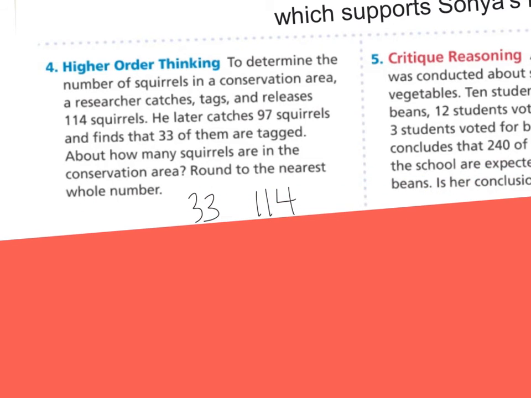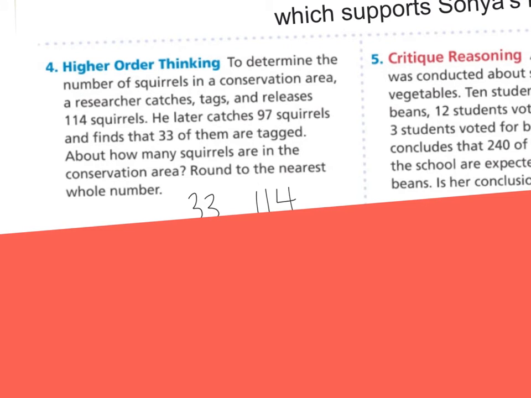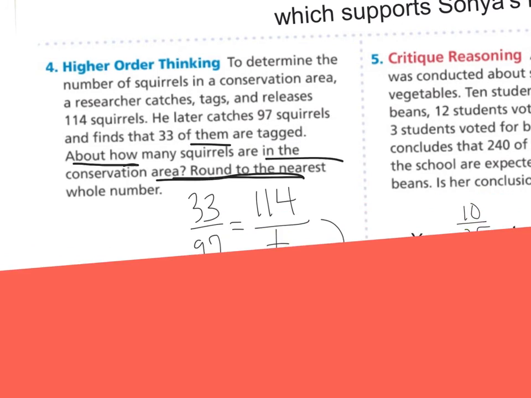So what we could do on a problem like this, we could actually do a proportion. We have 33 that are tagged, 33 are tagged out of 97, and we tagged 114. We're trying to find out how many there are altogether.